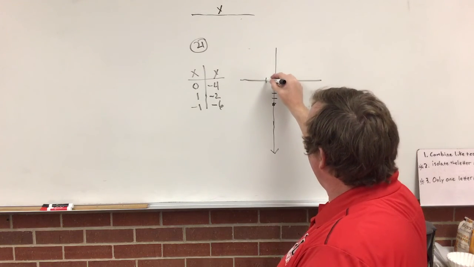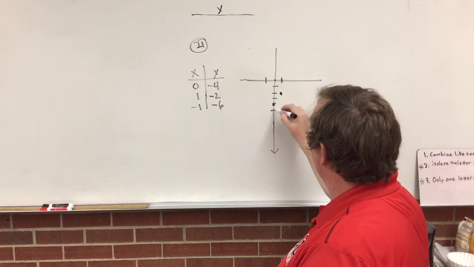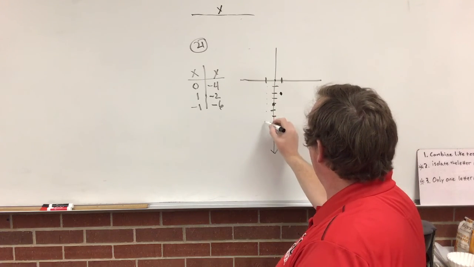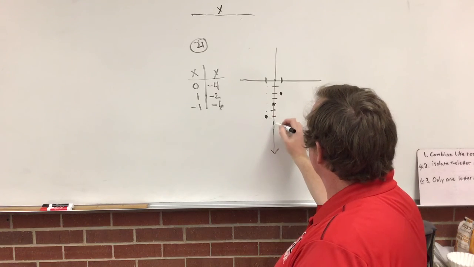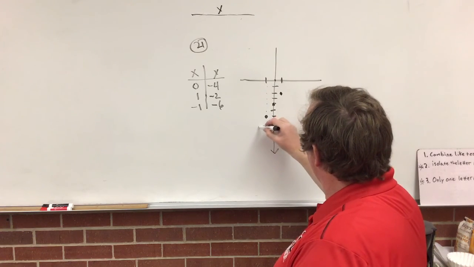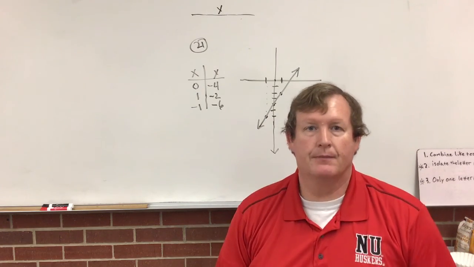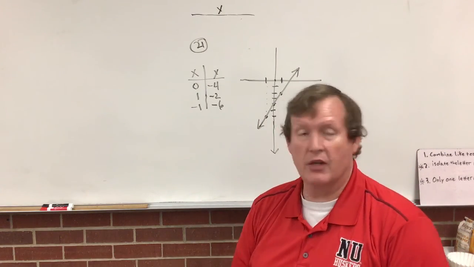When x is negative 1, I go down to negative 6. 1, 2, 3, 4, 5, 6. Now that should line up into a line just like that. And I draw the arrow. And there it is. And that's what you do for the next one too.